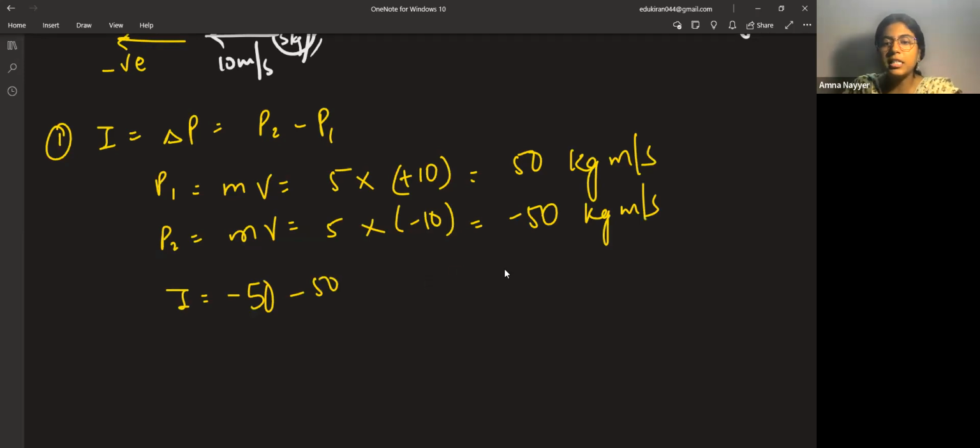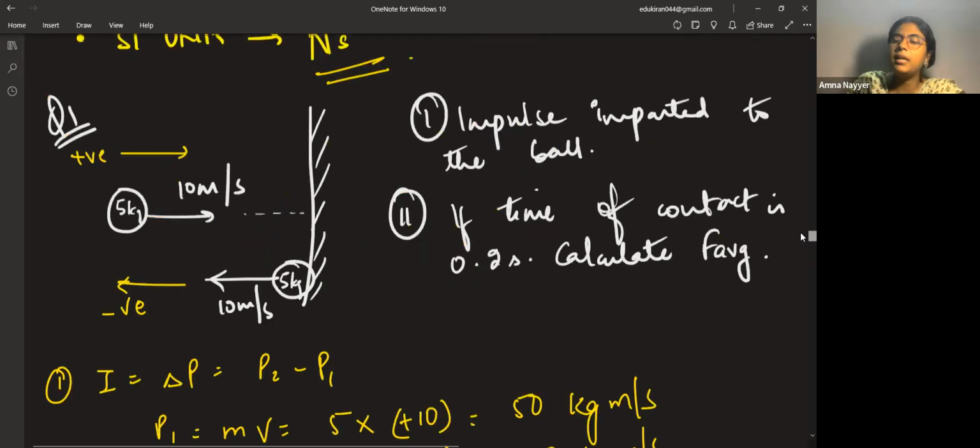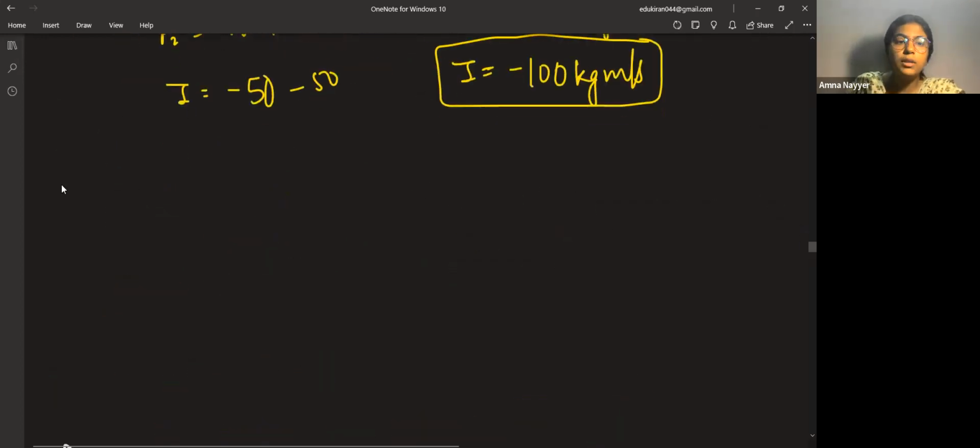So what is the change in momentum, which is equal to the impulse? It's minus 100 kg meter per second. You can write it as kg meter per second. You can write it as Newton seconds also, because both the units are in SI form, standard form. Since it is equivalent to momentum, that's why we can replace its SI unit.